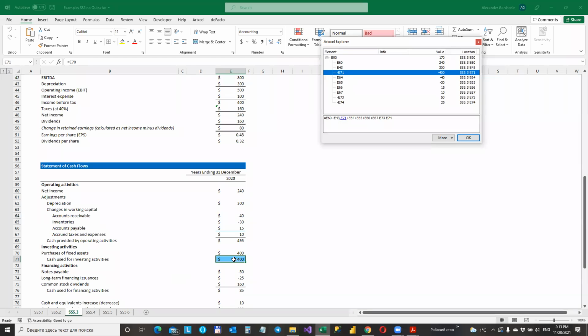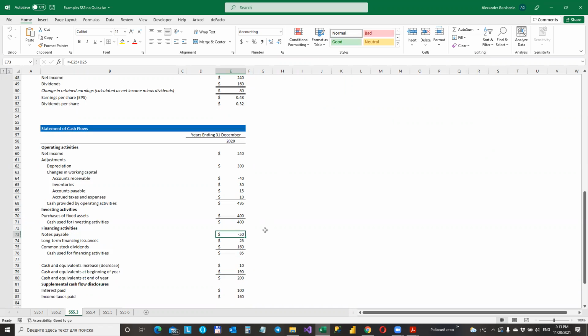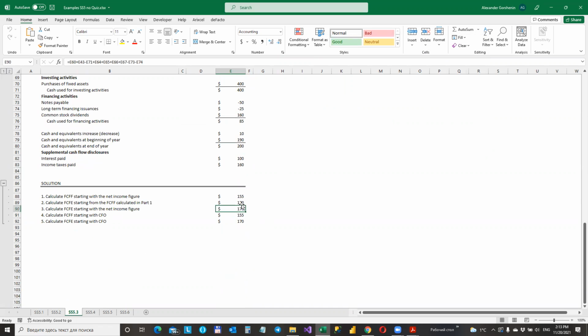Again, remember that we're subtracting because it has a positive sign here, while in other conventions it will have a negative sign. Again, changes in working capital, all the components, and right here we subtract the financial distributions, and we arrive at pretty much the same figure, 117.